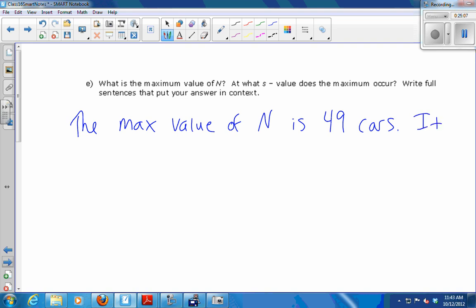It occurs at 19 miles per hour. So the maximum number of cars that can pass my marker on the road in 1 minute is 49. And that happens at a speed of 19 miles per hour.